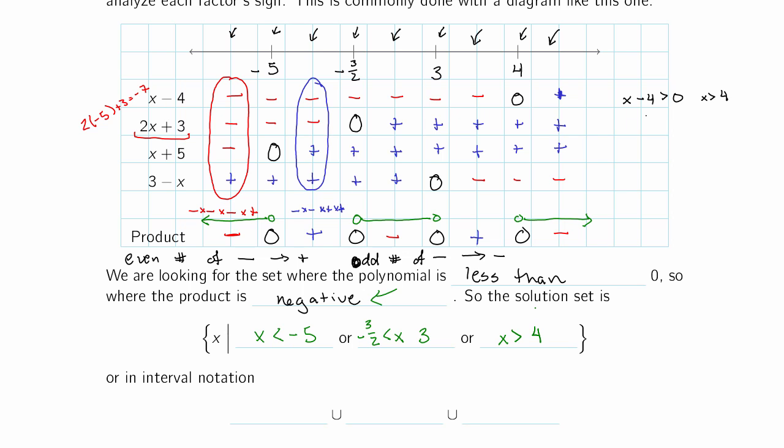That's our solution set in set builder notation. In interval notation, that's -∞ up to -5, union -3/2 up to 3, union 4 up to infinity. You can use whichever notation you prefer. For this one, I think the interval notation is probably easier.